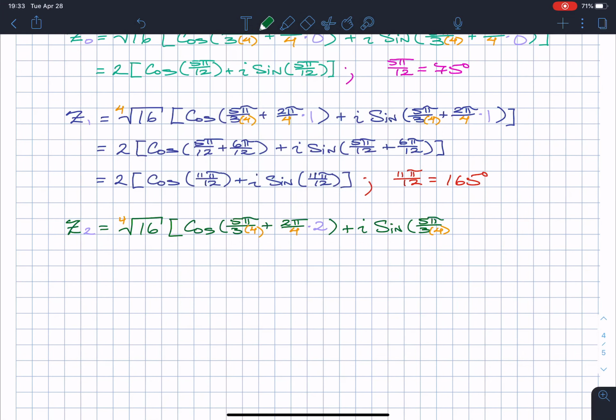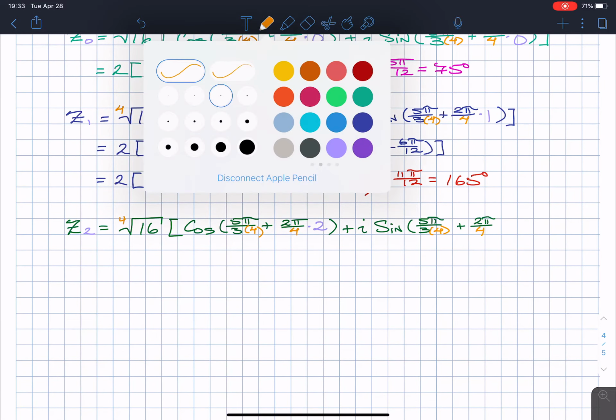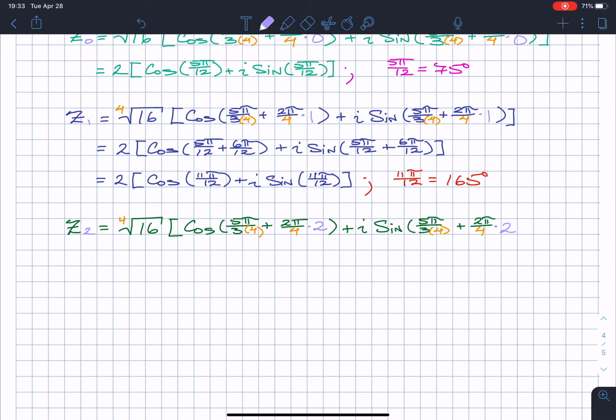If only there was an easier way to do this. Plus 2 pi divided by 4, times 2, because the subscript here is 2.